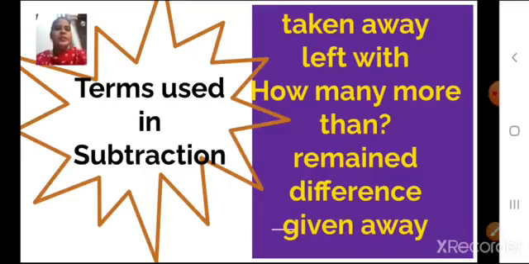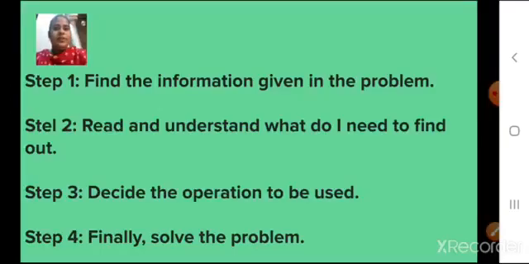Children, now how to solve a word problem? Here you can see a few steps. Step 1 is to find the information given in the problem. You have to read the question carefully, gather the information, and use your imagination. Think about what is given and the flow of the question.